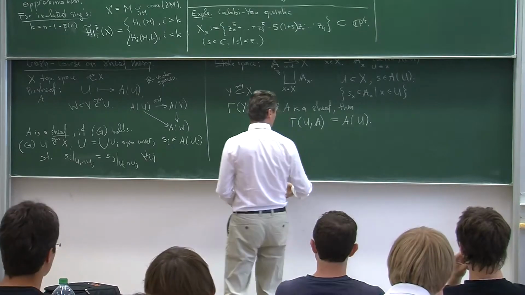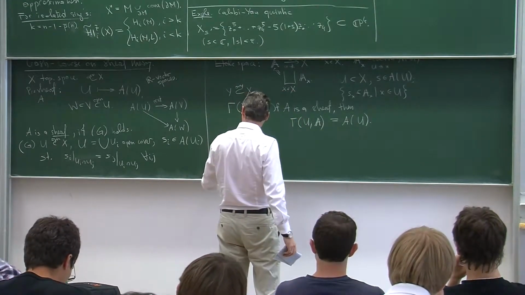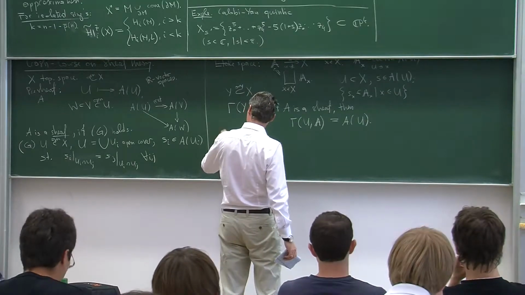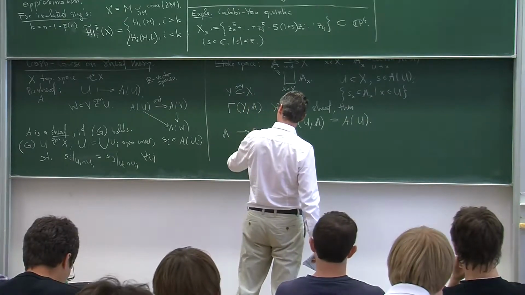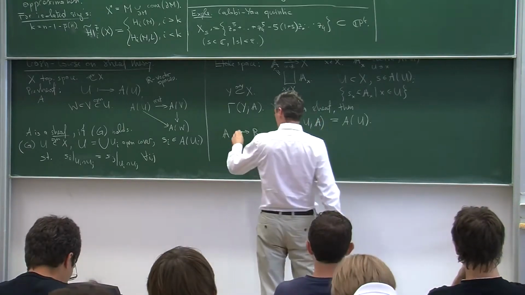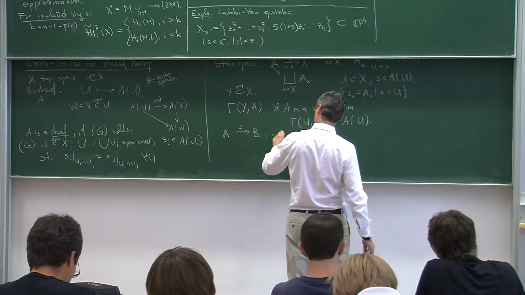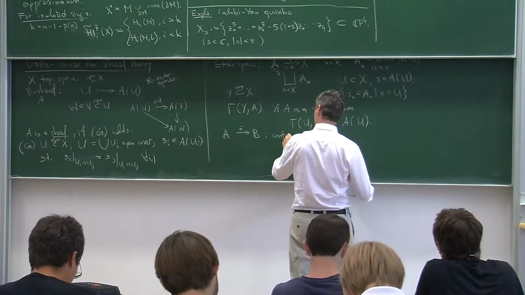Okay, what else? Of course, it's clear we can speak of morphisms of sheaves. If now you have another sheaf, both on the same space X, then you would say a morphism should be a continuous map between these spaces.